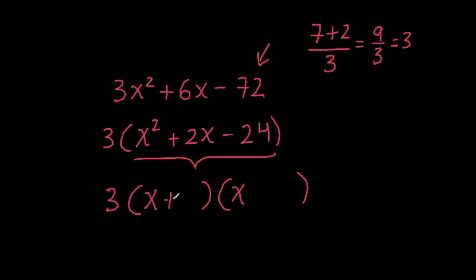So positive 6 and negative 4. And we're done. The purpose of this example is to show you that we don't have to use the splitting the term method all the time, because in some cases we can actually factor out some stuff and be left with this form of a quadratic trinomial, which we know how to factorize easily.